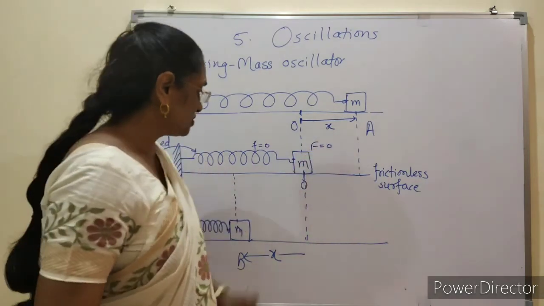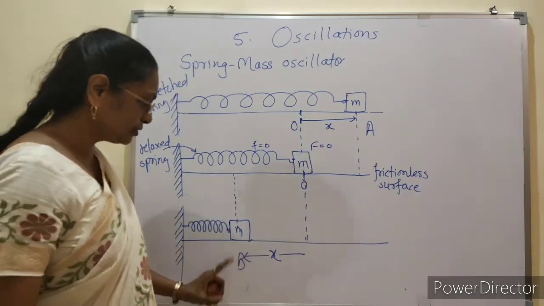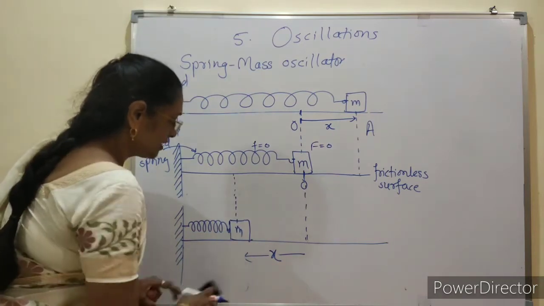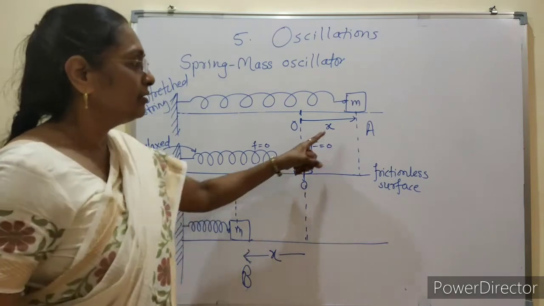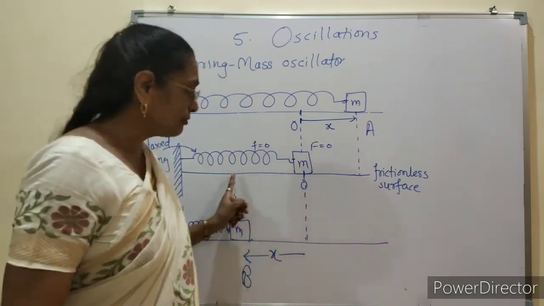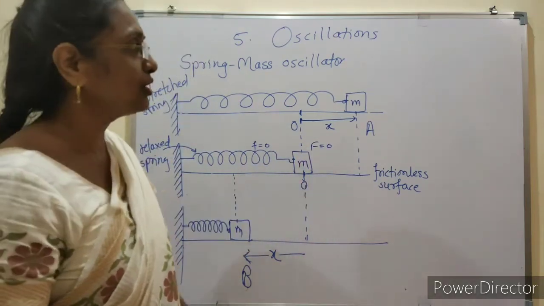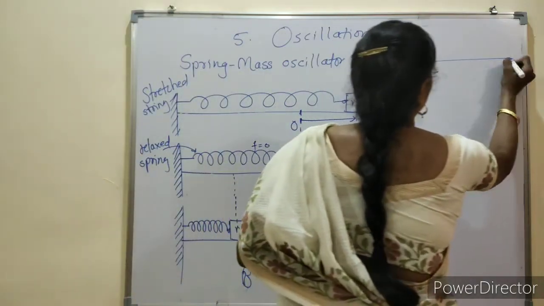Towards the right its displacement is X, and towards the left also its displacement is X. For some time interval we observe the motion of the block in this way.